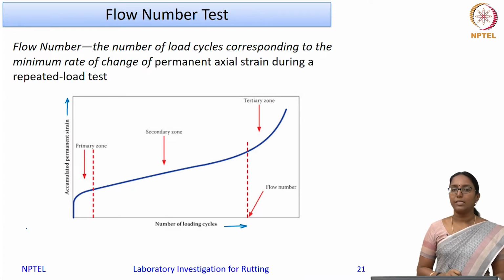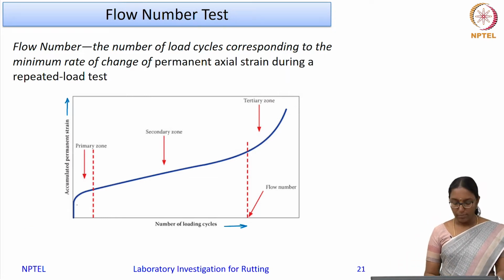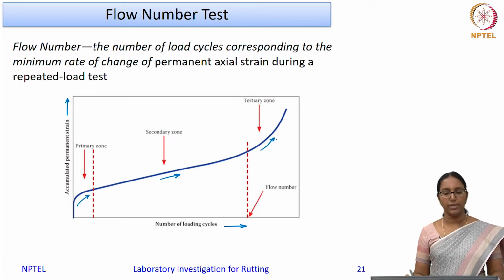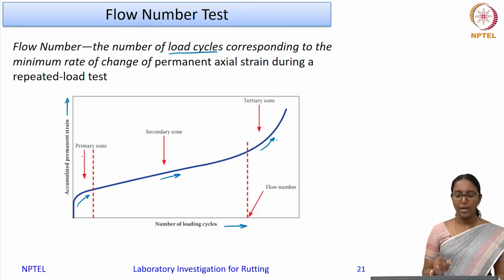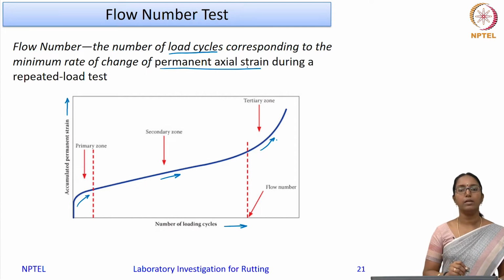Here also you expect that this follows a 3-stage creep behavior, with a primary stage, secondary stage, and then a tertiary stage. And flow number is defined as the number of load cycles corresponding to the minimum rate of change of permanent axial strain during a repeated load test.